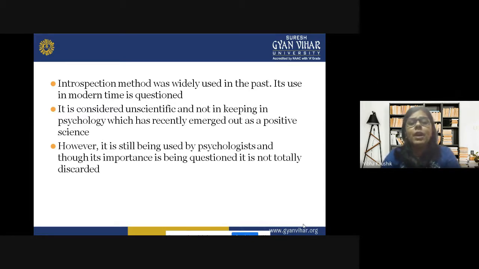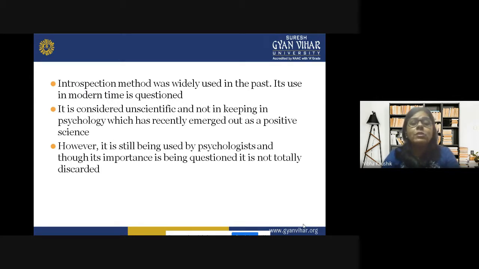It is considered unscientific and not in keeping with psychology, which has recently emerged as a positive science. That's why we consider the introspection method an unscientific way.